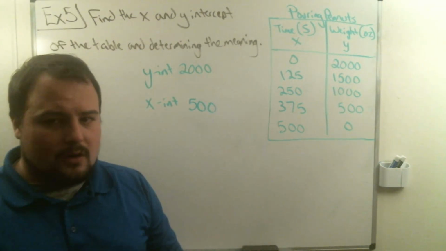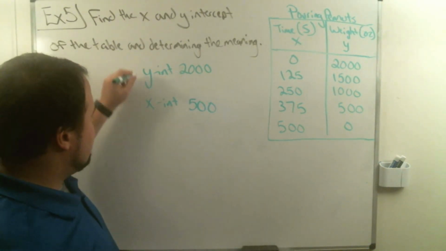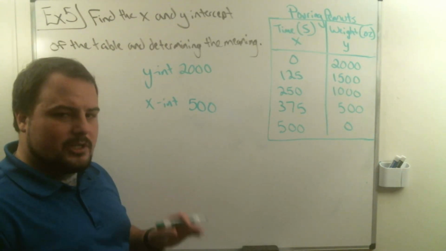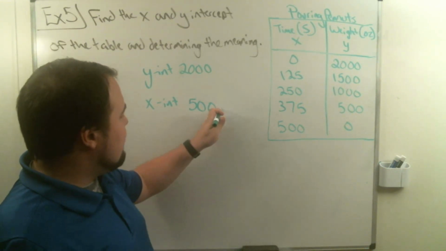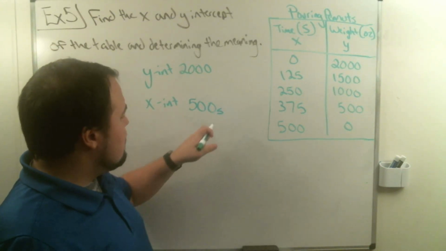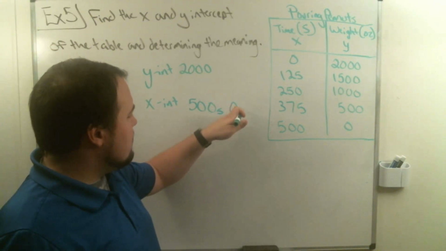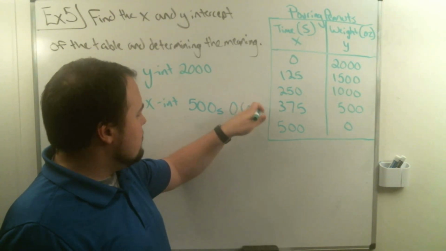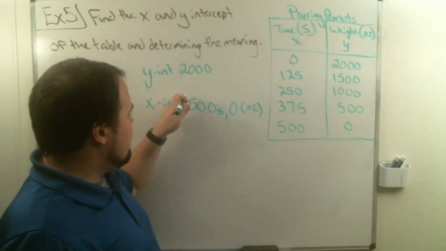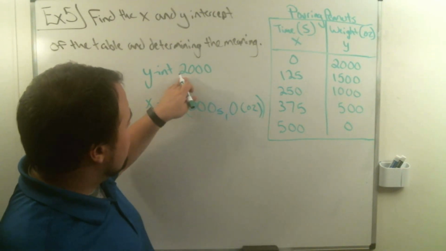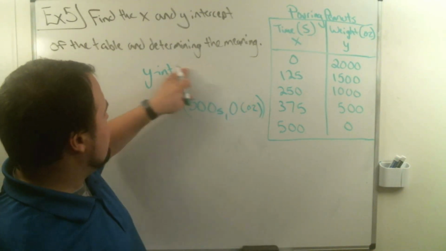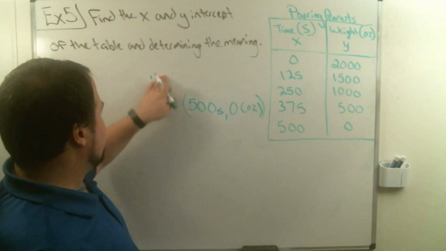Okay, now, not only do we want to find the x and y intercepts, but we kind of want to determine their meaning. So, this is 500 seconds, and this is a weight of 0 ounces. So at 500 seconds, we got 0 ounces. Now I'm going to fix this up a little bit better.